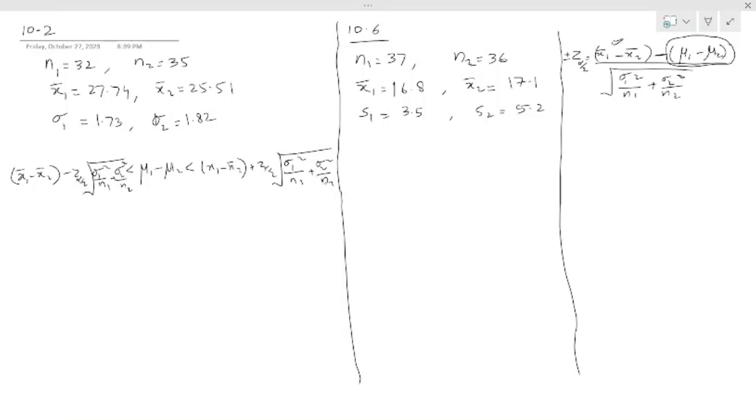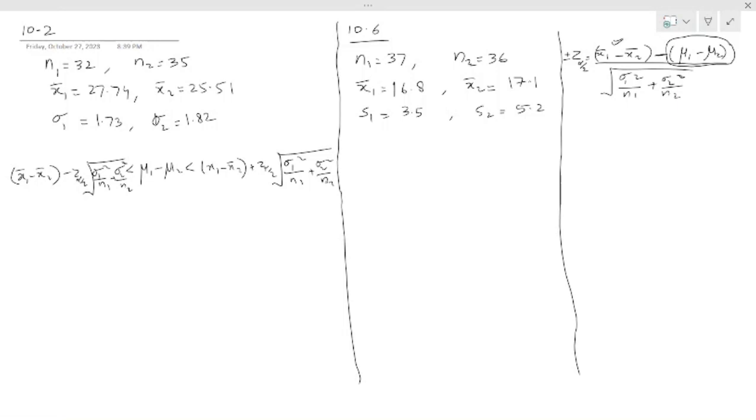Now to use this formula, I have taken the two examples that we discussed in the class: 10.2 is the question number that we discussed, and 10.6 as well. Question 10.2 was about two groups who graduated in two different disciplines, accounting and liberal arts.